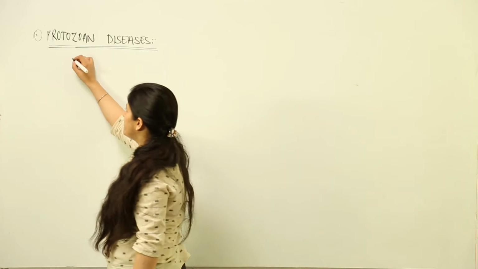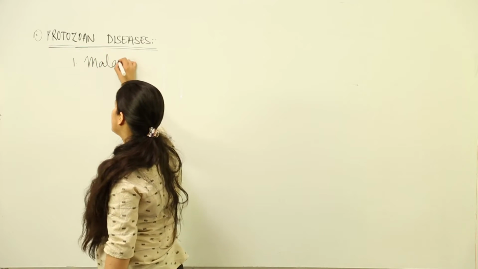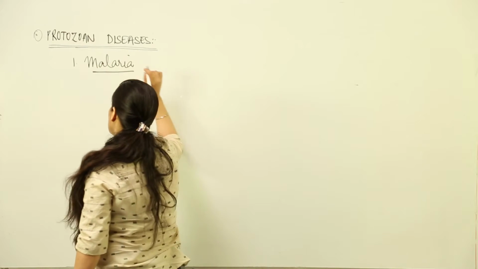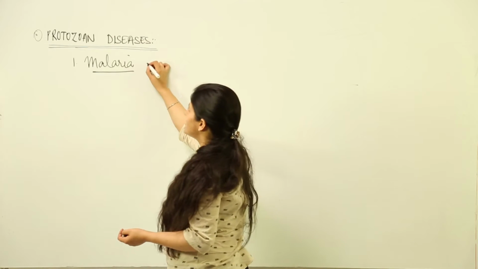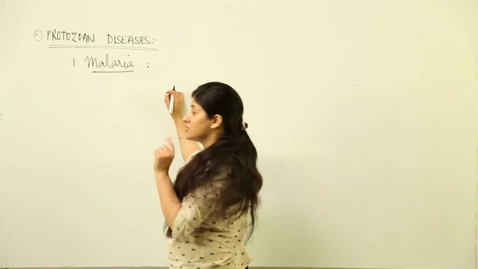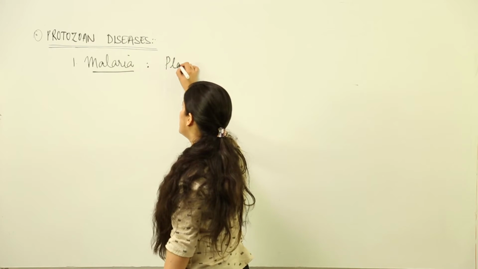Now, when I say Plasmodium, we are dealing with malaria. Malaria is spread by a mosquito. The mosquito itself is infected. The poor mosquito has been infected by the notorious protozoan parasite, that is Plasmodium.